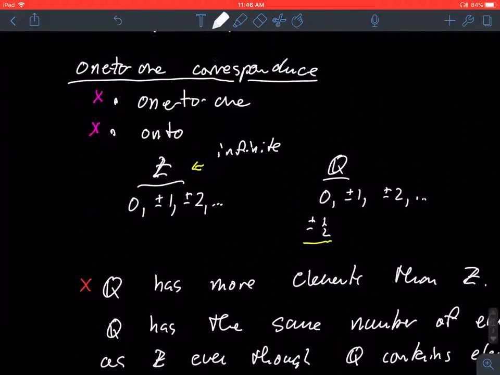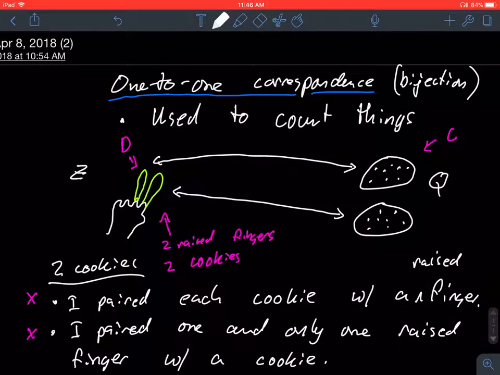And so that's what the idea of a one-to-one correspondence is. They're used to count things, and we build from what is familiar to us, counting in finite sets.